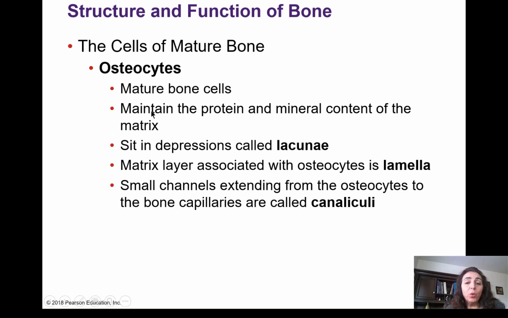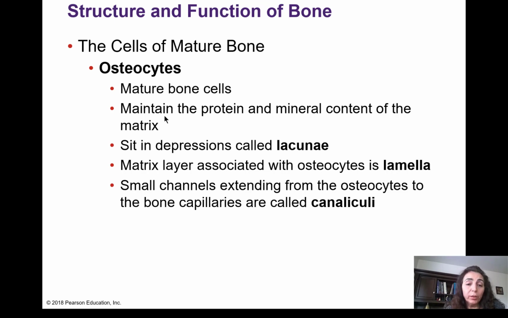They maintain the protein and mineral content of the matrix. So the role is the maintenance. When the bone cells get mature, after that, these cells are maintaining the protein and mineral content of the matrix.